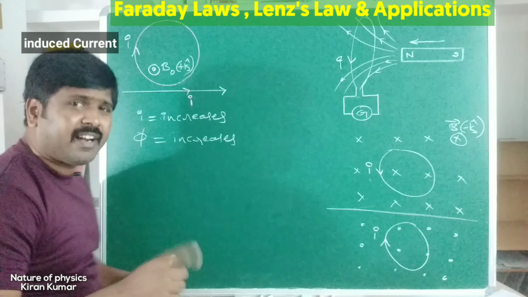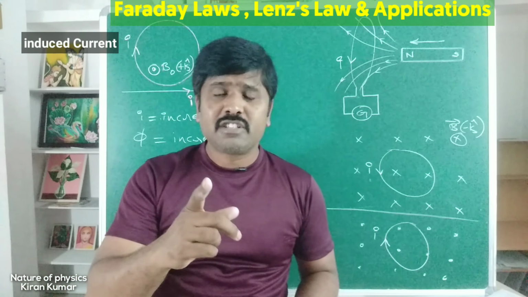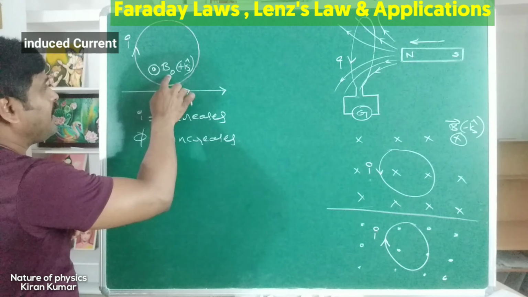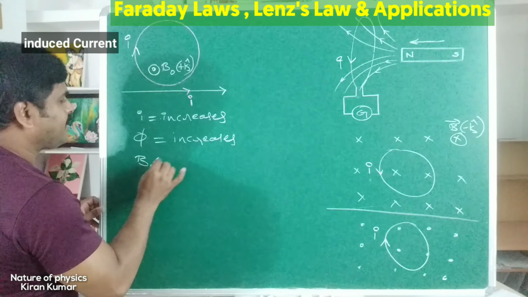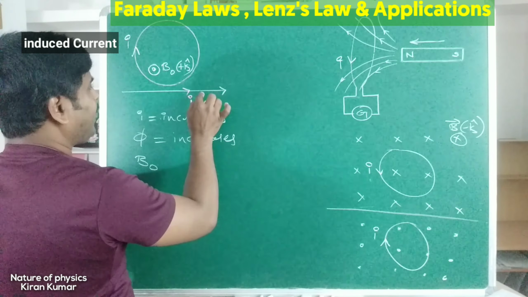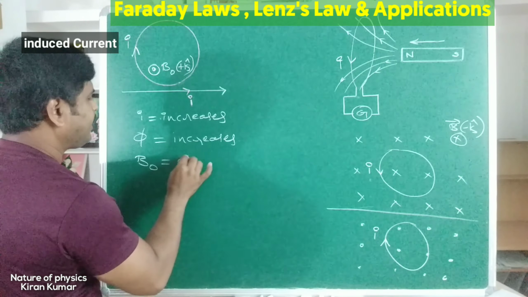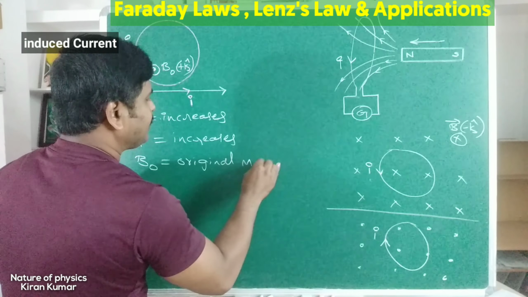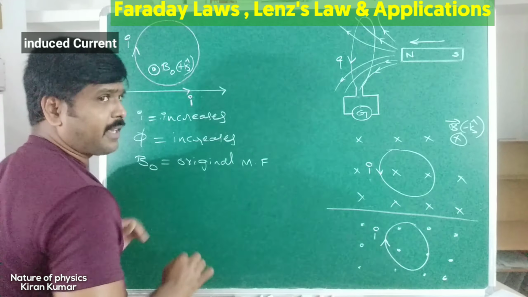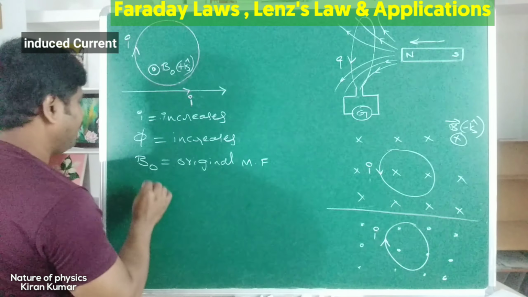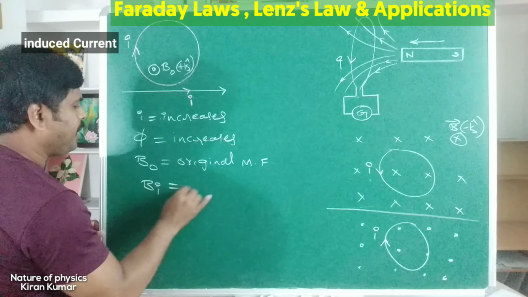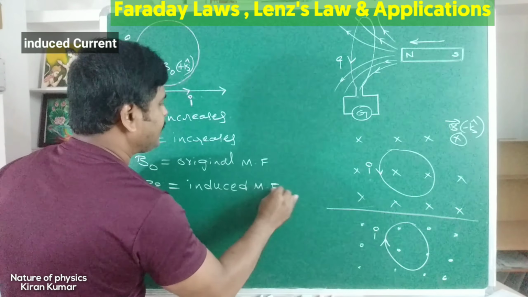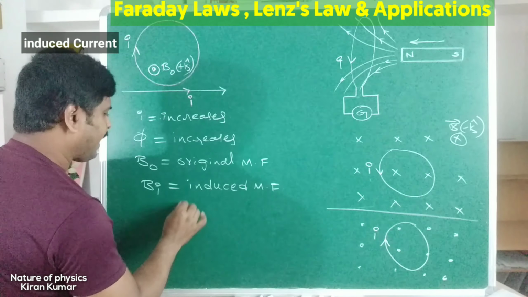The induced current in a coil also produces a magnetic field. This magnetic field, by the current carrying conductor, is taken as the original magnetic field, B naught, and BI is the induced magnetic field by the induced current.